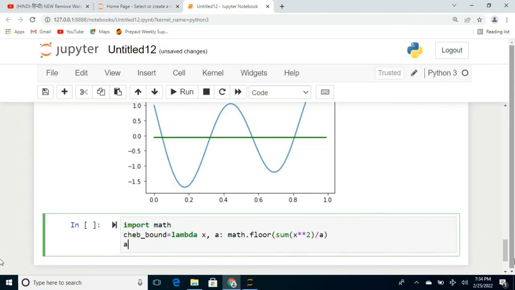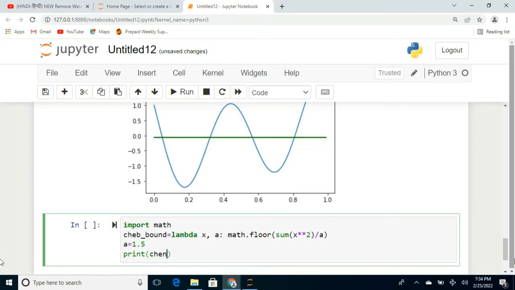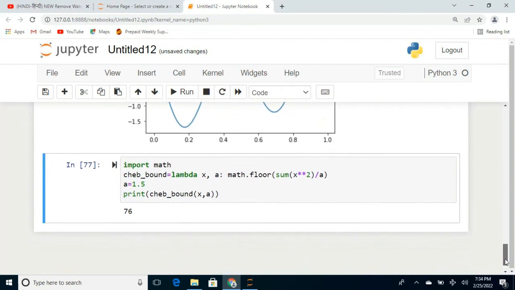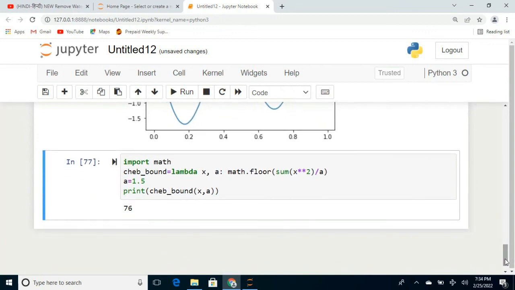The value of a is equal to 1.5, and here we'll write print Cheb_bound of x comma a. Our answer will be 76, the Chebyshev inequality.